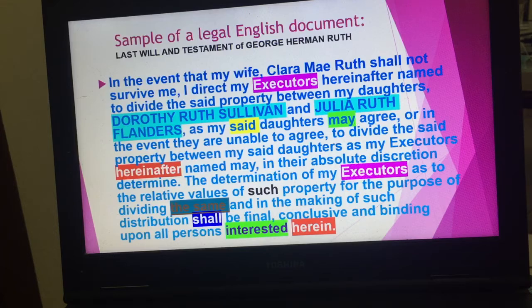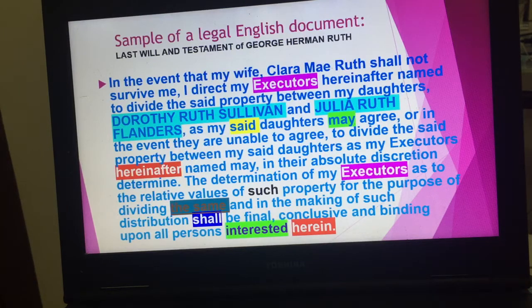But if she doesn't survive me, shall not survive me, I direct my executors hereinafter named. Then I will direct another group of executors, which I will mention in this document hereinafter. Hereinafter, from now onwards. Named.